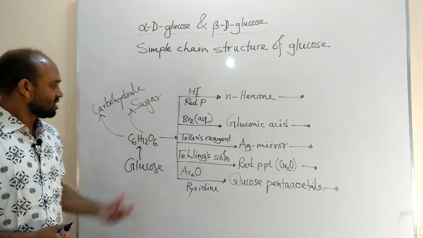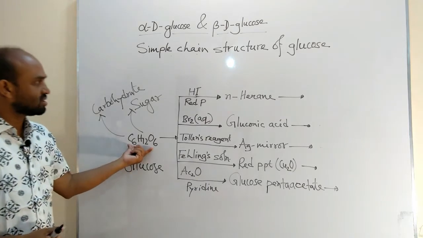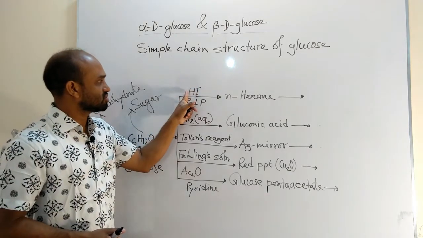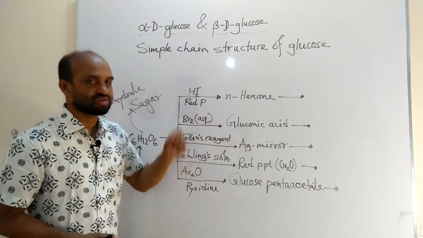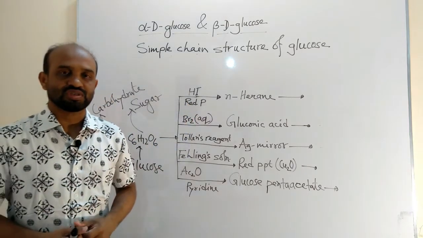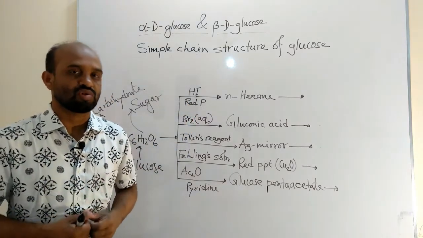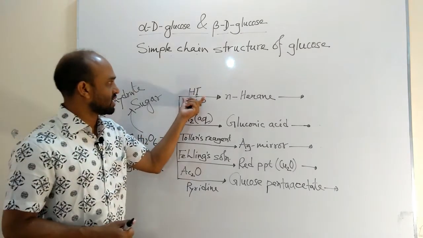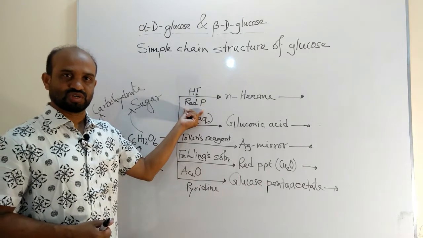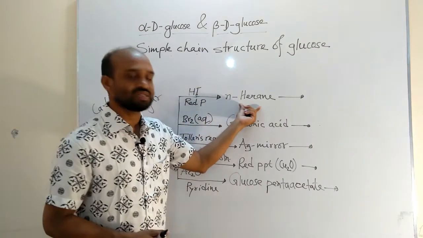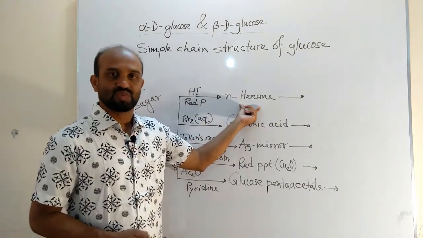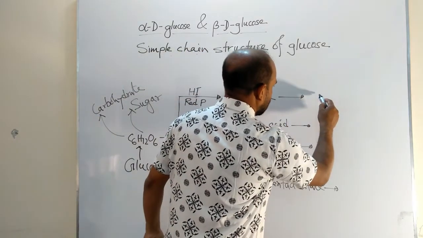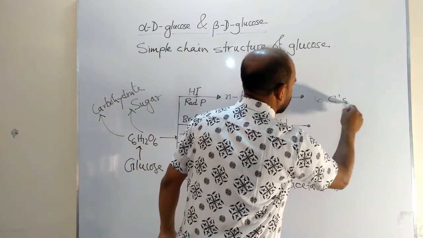Let's try to learn. When glucose is treated with hydrogen iodide in presence of red phosphorus, the most common allotrope of phosphorus, then N-hexane is formed, which proves that it has 6 carbon atoms.